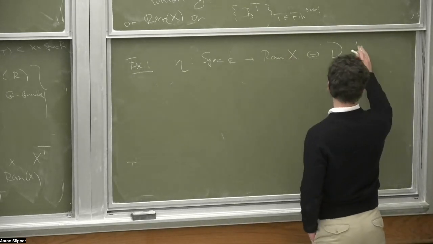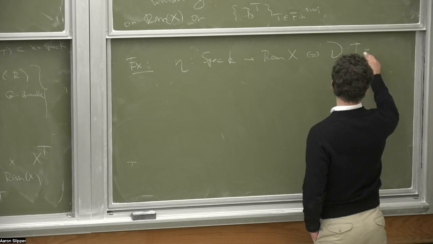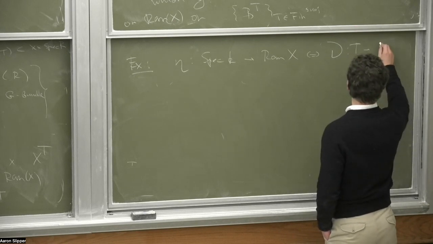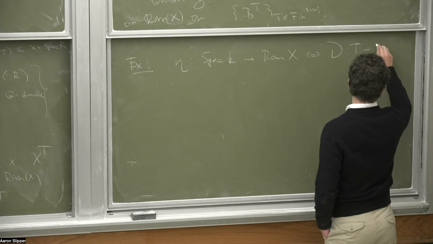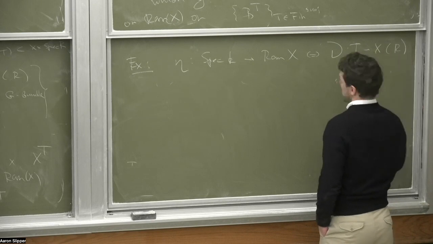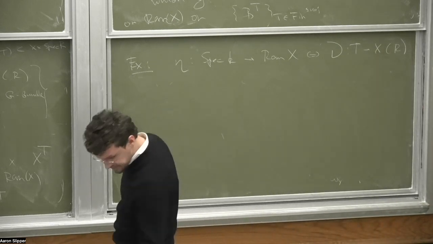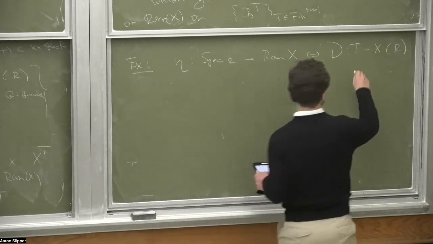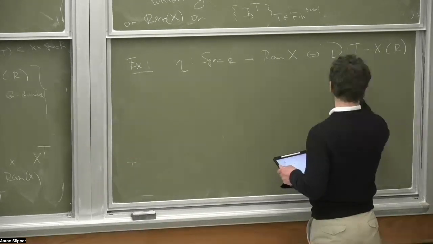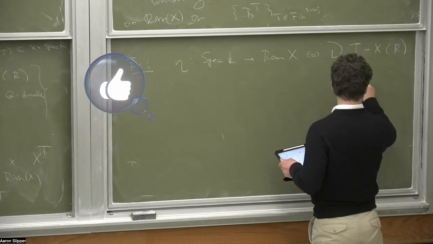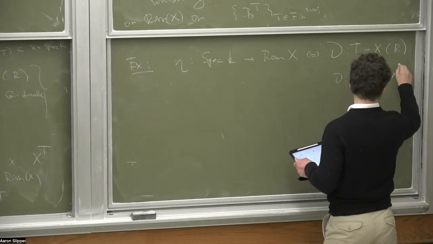So assume you have a map like this. This corresponds to a map from a client set like this. This is actually equivalent to a map from spec A to X to T.